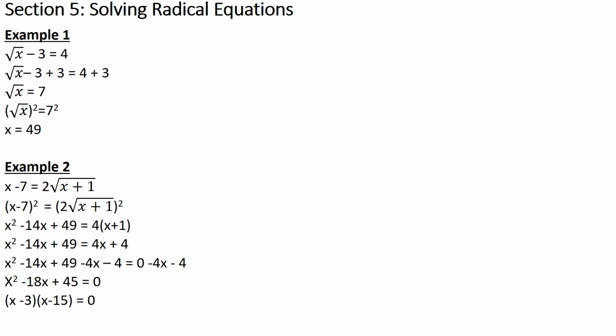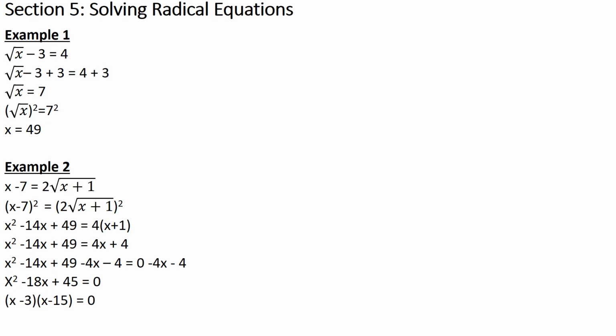Now on this side here, let's look at this. I have x minus 7 equals 2 times square root of x plus 1. If I square all that on both sides, x minus 7 squared is a perfect square trinomial. It's x squared minus 14x plus 49.